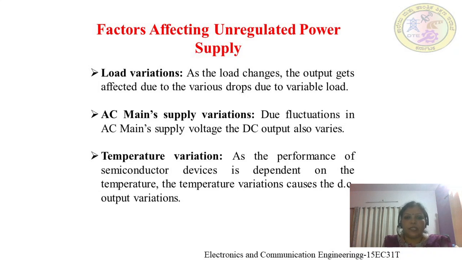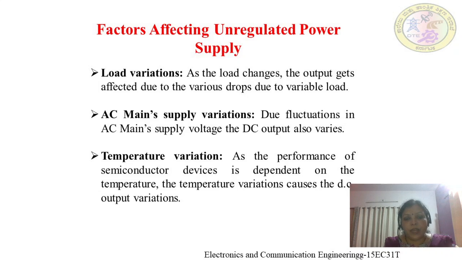Load variations: any end device which we power up from the DC source is called a load, and the source from which we power the load is called the source.